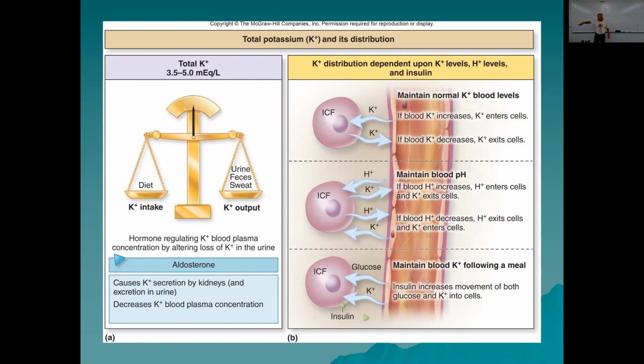Same thing if there's too much potassium outside: potassium enters cells, and hydrogen ion will now leave cells. Because they're both cations, that will lower outside pH and raise inside pH. Also, interestingly enough, insulin increases movement of both glucose and potassium into cells. This is kind of a little known thing about insulin.